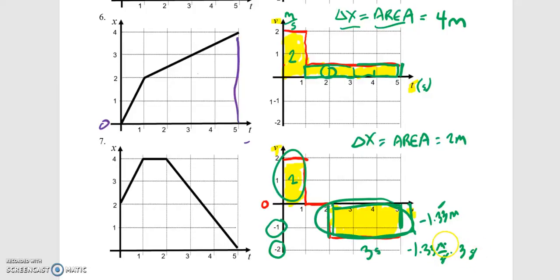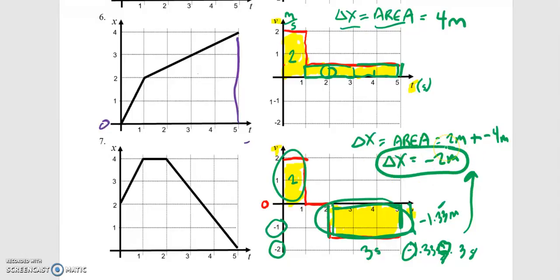The seconds cancel, leaving just meters, and 1.33 times 3 is actually equal to 4. So I'll add that, and it's a negative 4, because that is a minus sign there. This is minus 4. So the change in position equals 2 meters plus minus 4 meters, or minus 2 meters, is the total change in position according to the area of the VT graph.